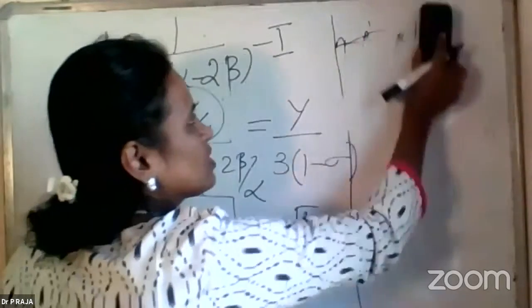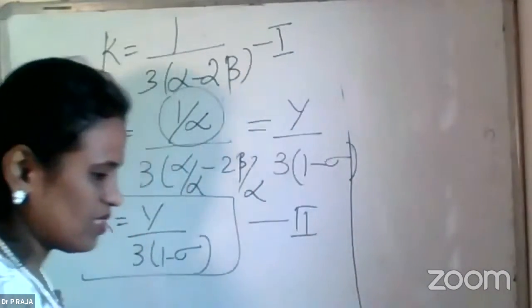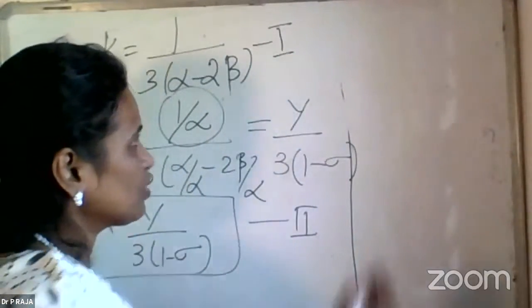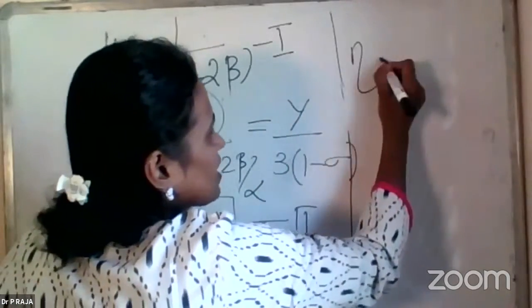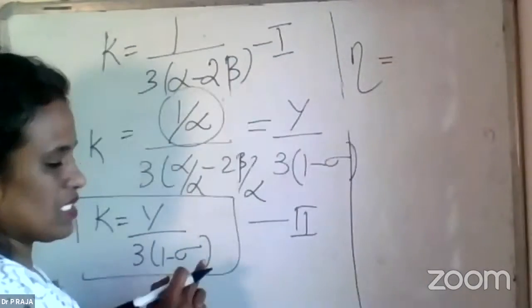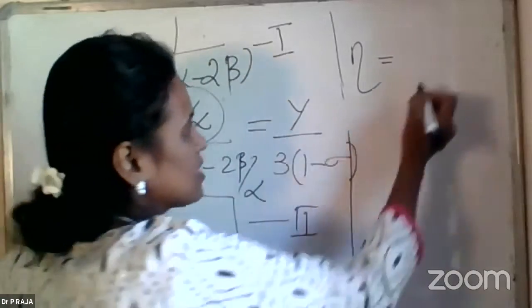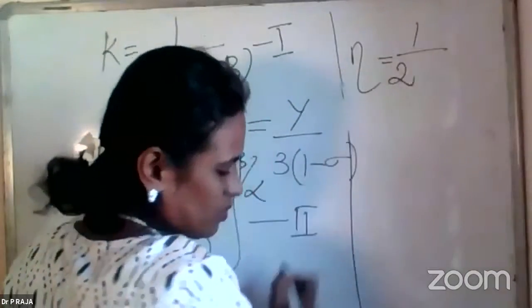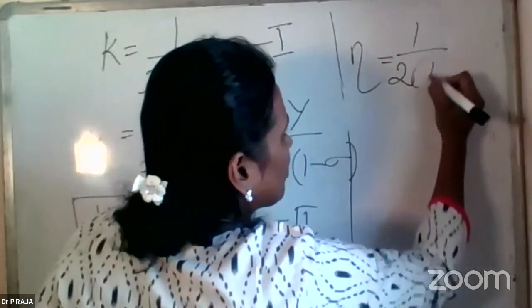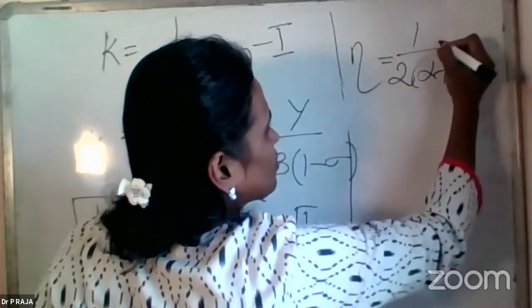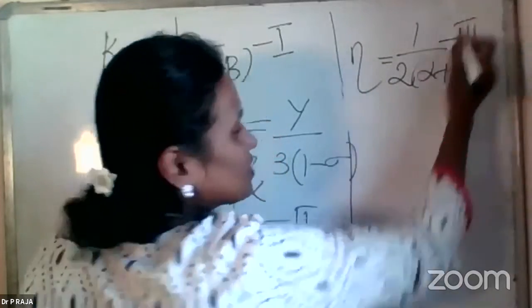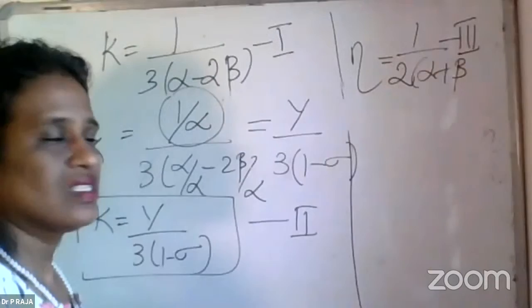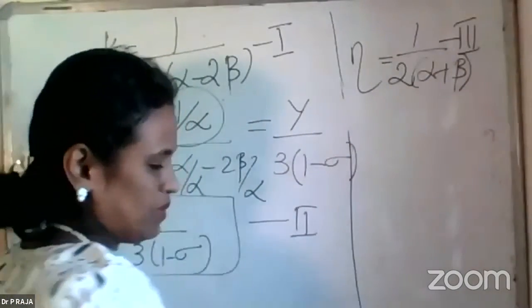So this equation I'm writing straight away. You remember that we got this equation as eta in terms of alpha and beta. We got the equation as 1 by 2 into alpha plus beta. Let's put this as equation number 3.